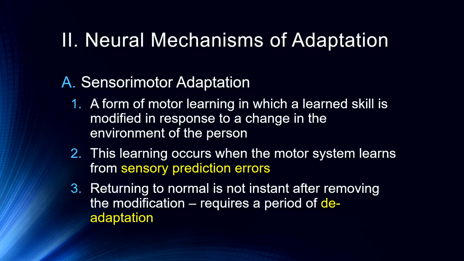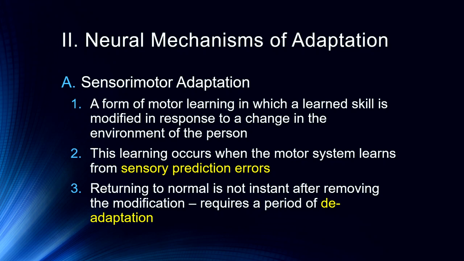There are things like using prism goggles to shift a person's perspective 90 degrees to the right or even completely upside down. All of these are potential ways in which you can alter the perceptual environment. And what happens is that people are actually very capable of adapting. Our brains are quite plastic, and we can adapt to that alteration in our environment or the way we perceive our environment.